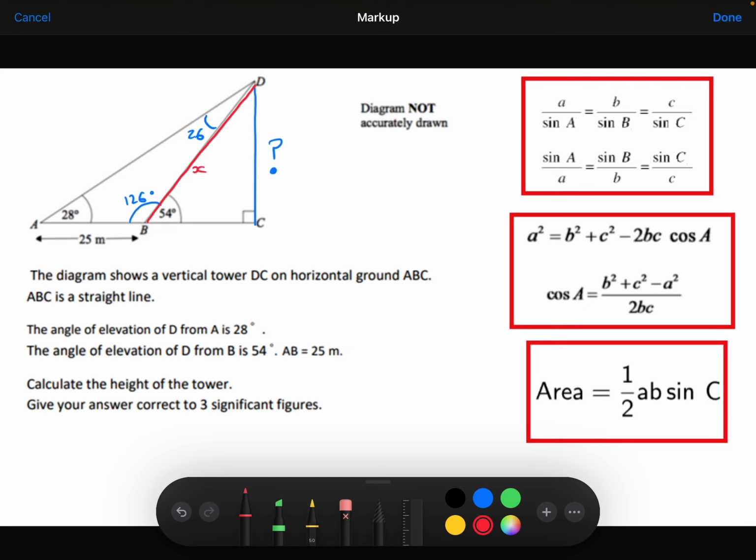I'll call it X. So let's label up then. I'll call the side X, I'll call that A, which means that this would have to be angle A. I'll call the 25 side B, which means that the 26 would be angle B.